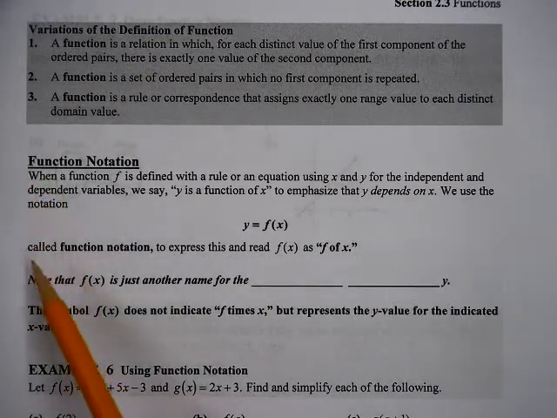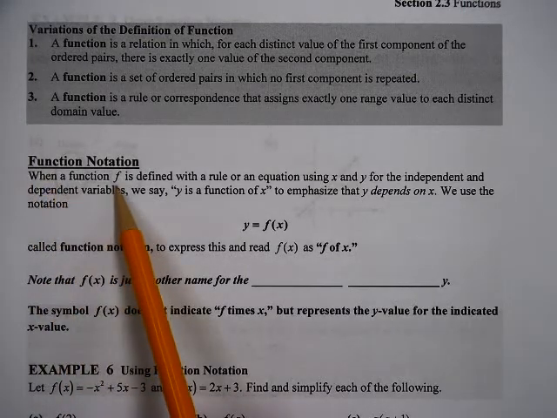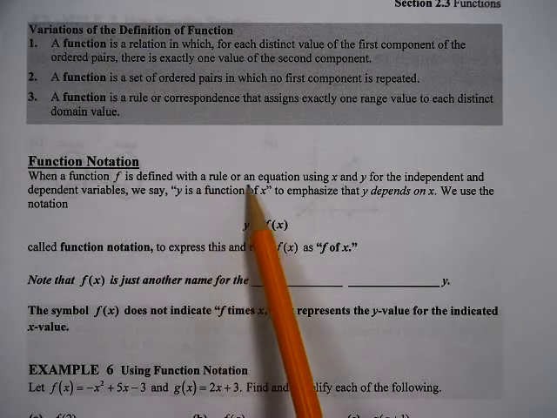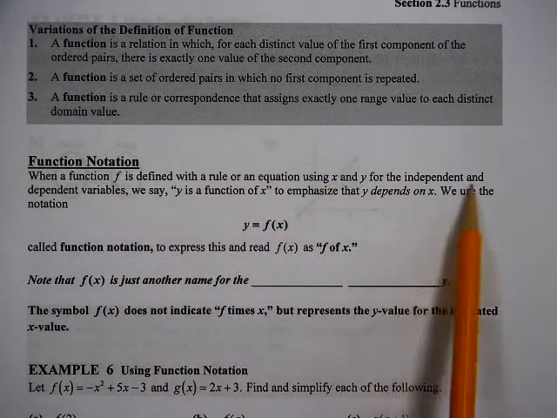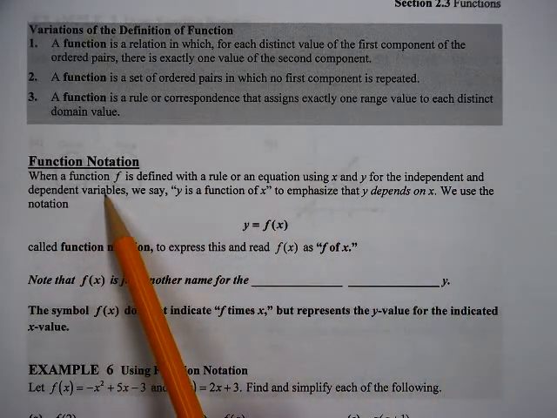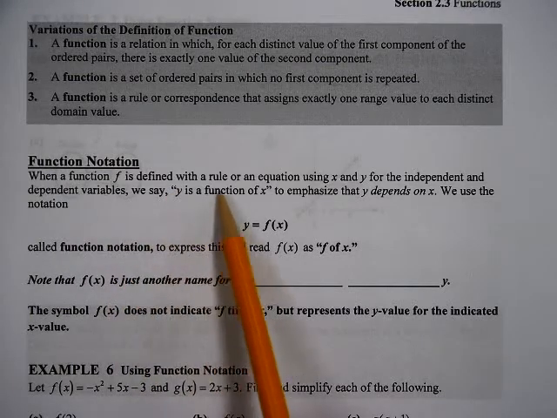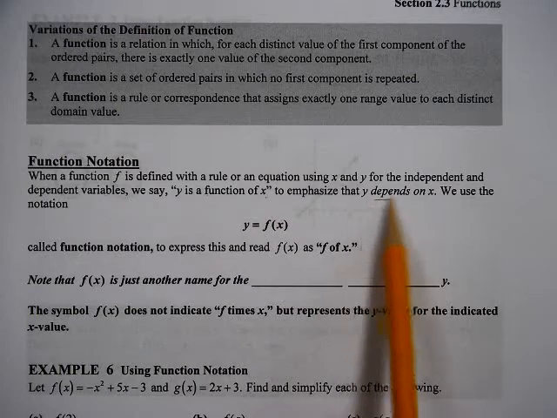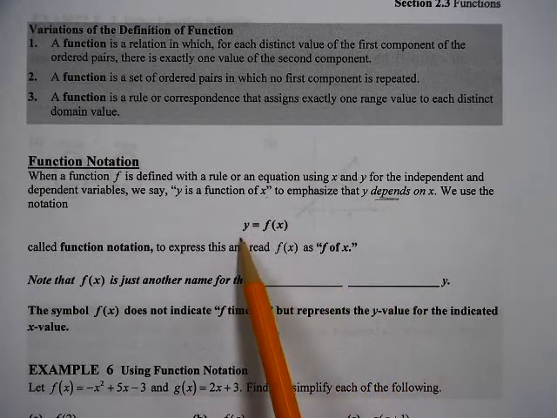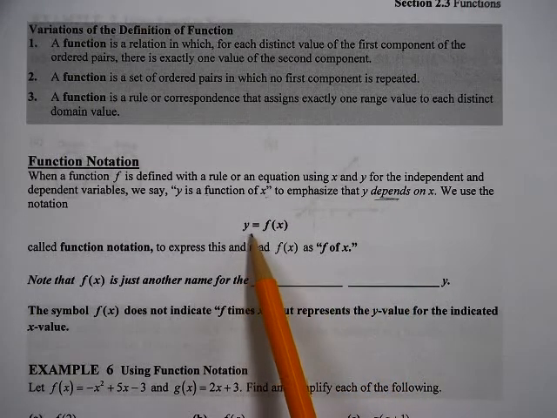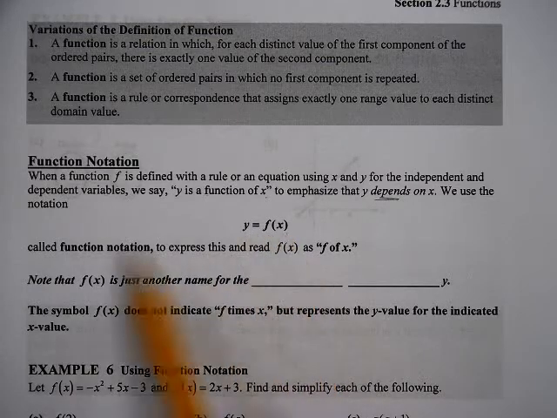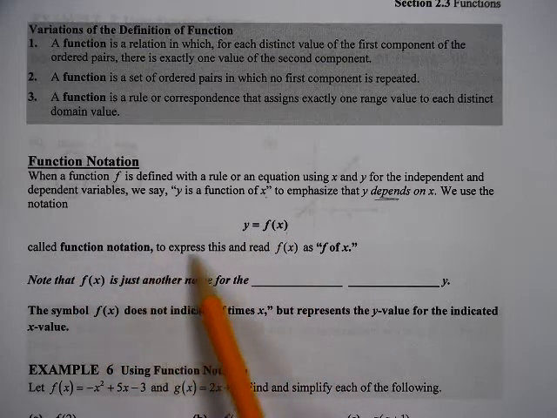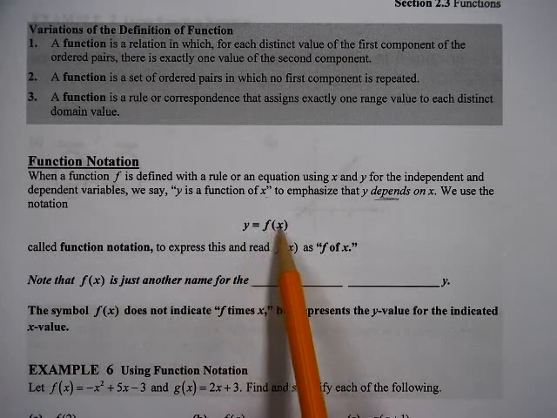Now here's function notation. When a function f is defined with a rule or an equation using x and y for the independent and dependent variables, we say y is a function of x. To emphasize that y depends on x, we use this function notation, y equals f of x. Like I just read it, it's f of x.